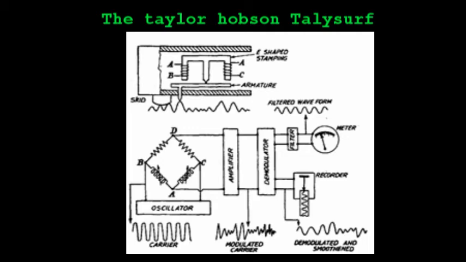The arm carrying the stylus forms an armature which pivots about the centerpiece of an E-shaped stamping. On two legs of the E-shaped stamping, there are coils carrying an AC current.